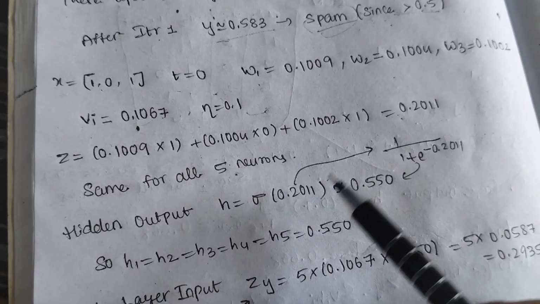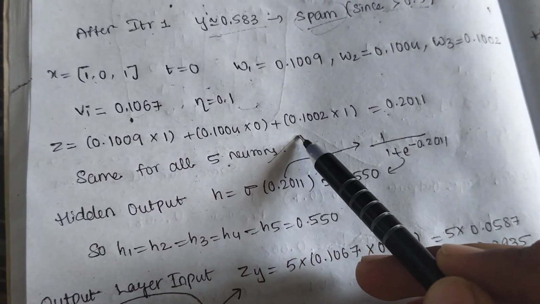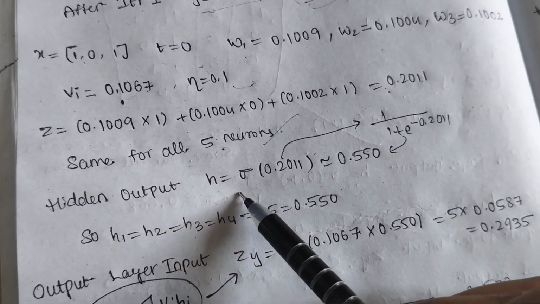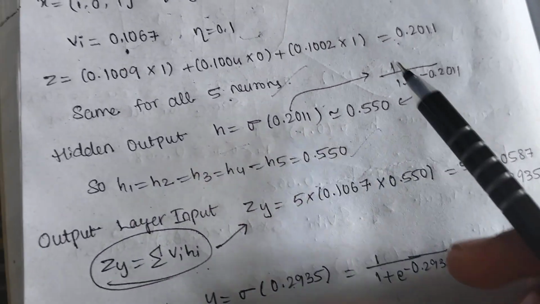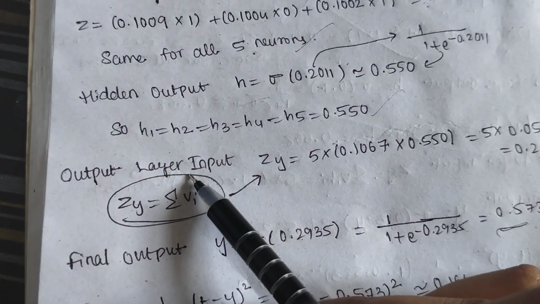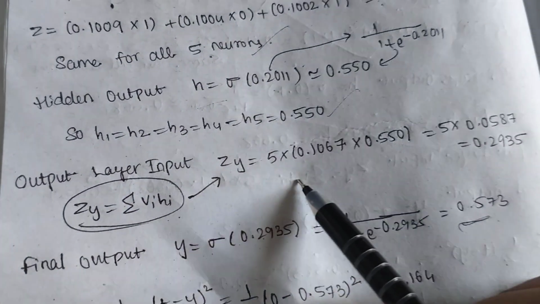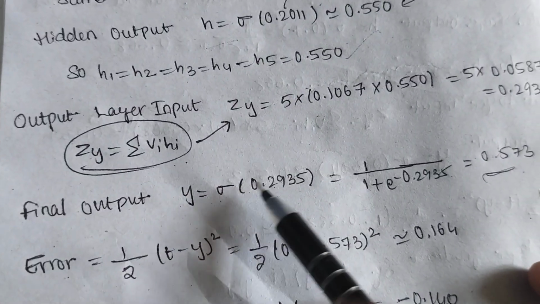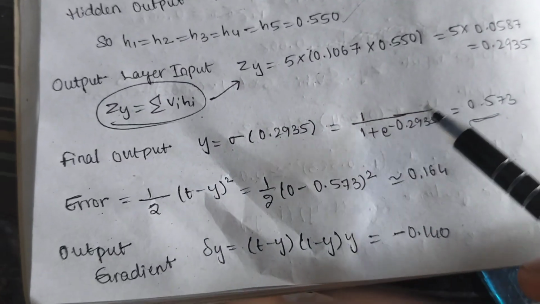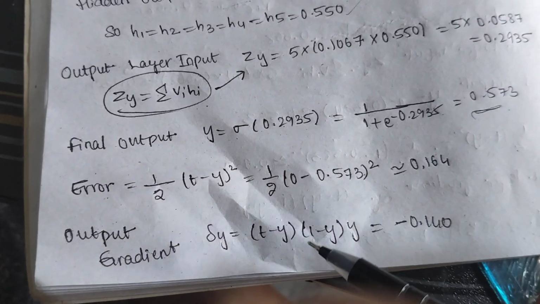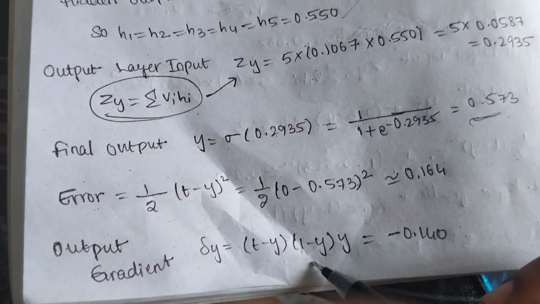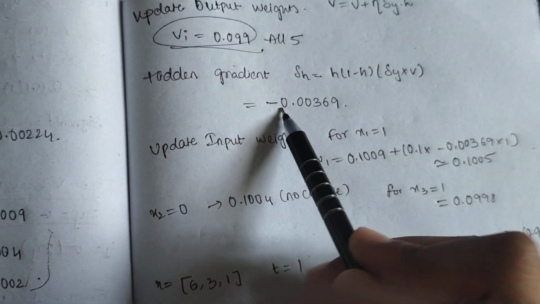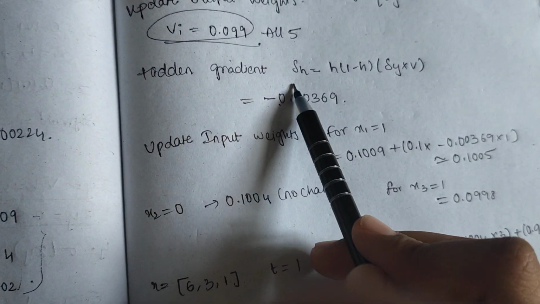First you find z, then you take it for all the neurons, and then find the hidden layer output h, then consider it for all the 5 neurons, and then you'll find zy. After that you will do y is equal to sigma of zy, and then you will find the error. After that, the output gradient, then you will update v. After updating, you'll be finding the hidden gradient.